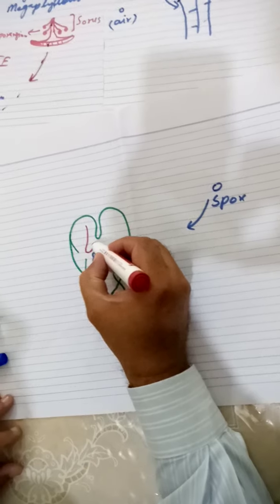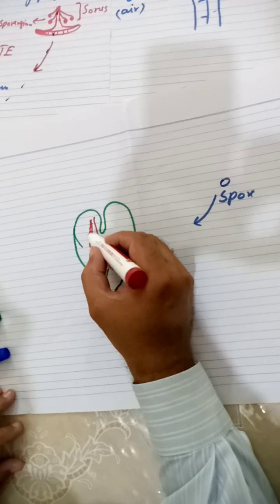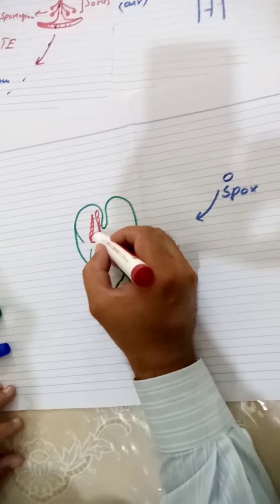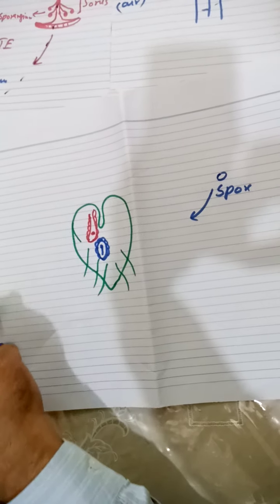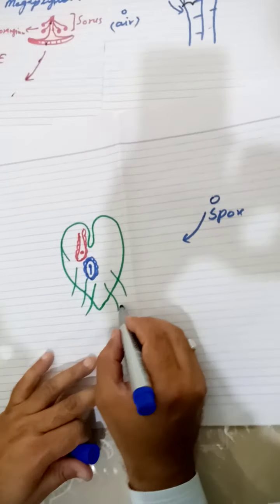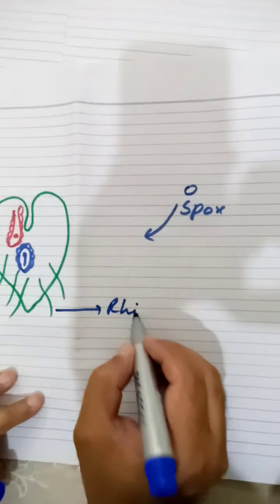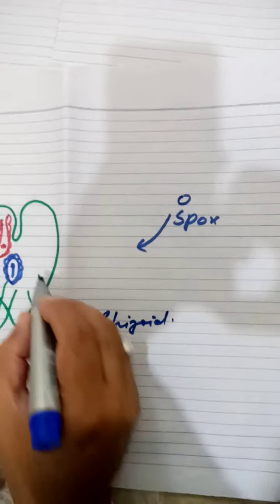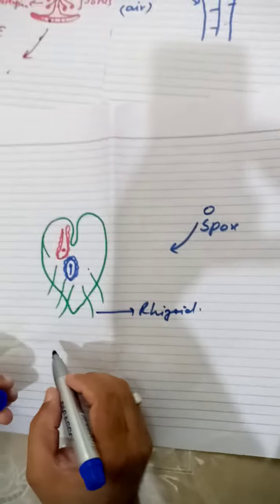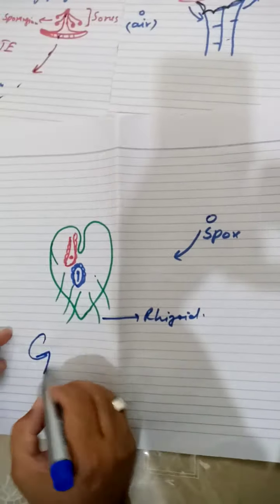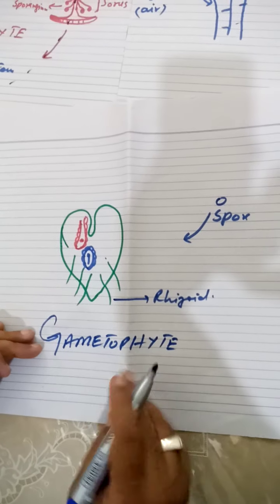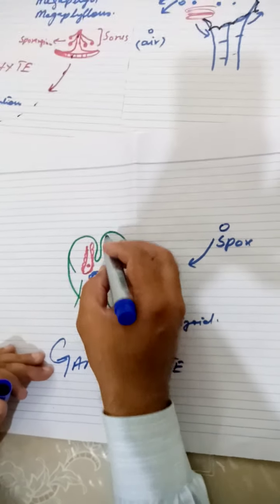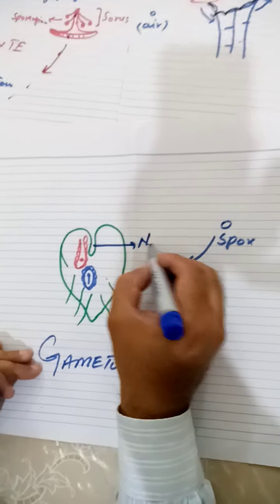Here is an archegonium, venter, neck, which contains the egg. These are the rhizoids. It is a thick gametophyte, independent, green, cushion.